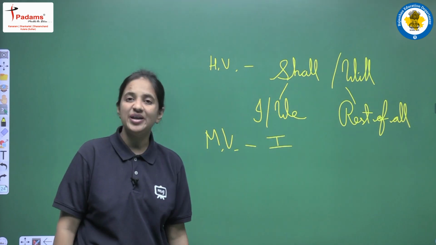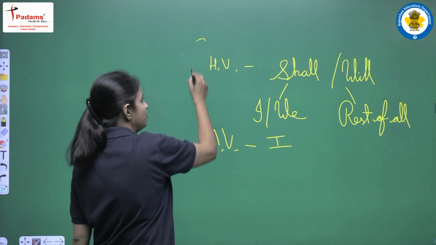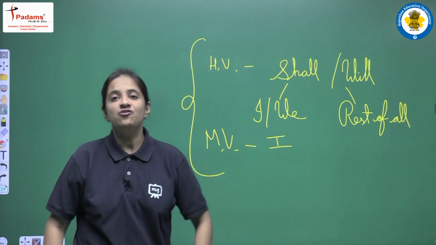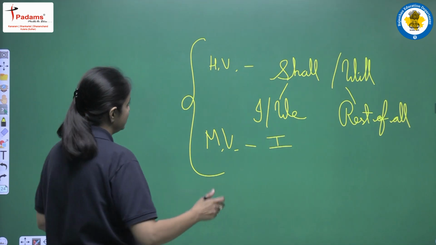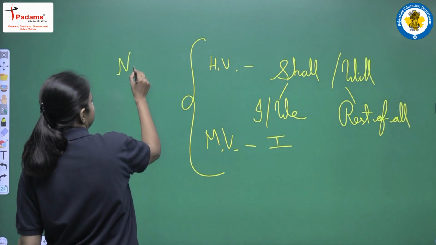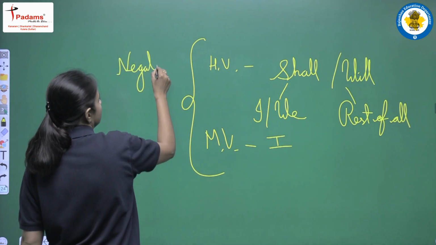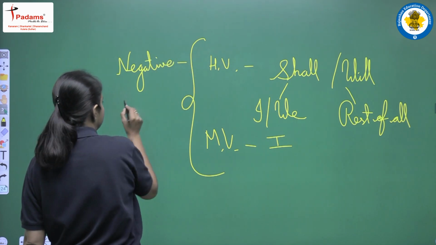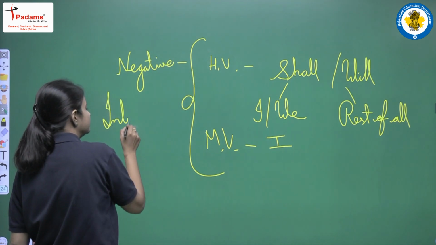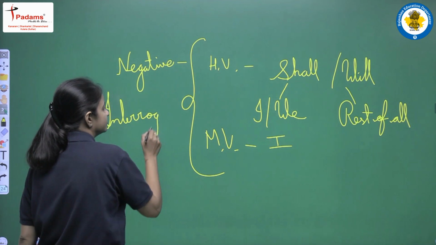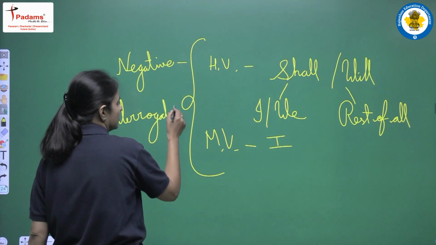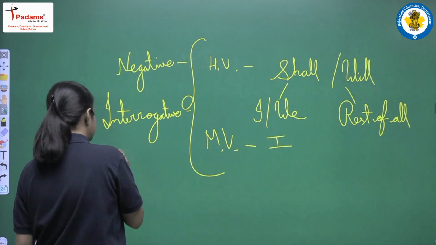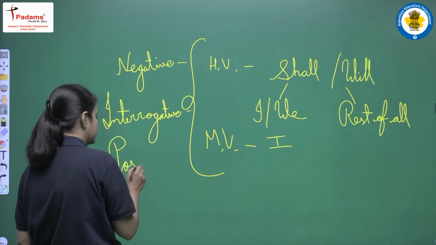form of the main verb, and these are the same rules that are applicable for all the different kinds of sentences, no matter whether the given sentence is a negative one, an interrogative one, or a positive one.